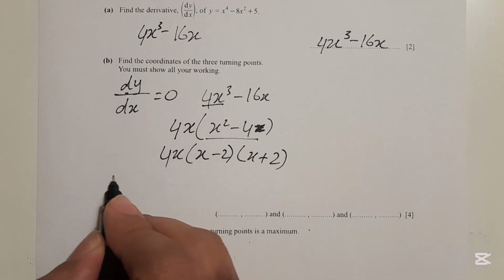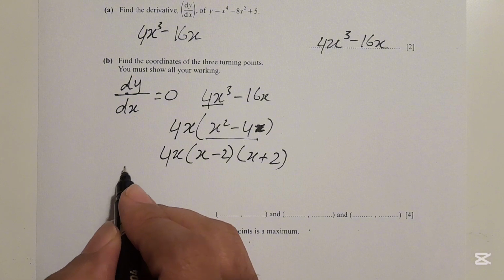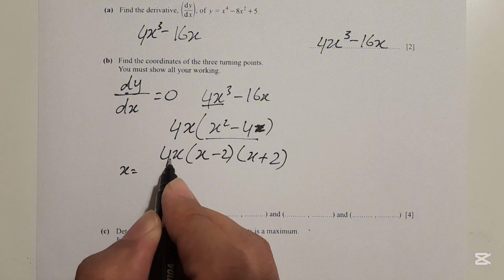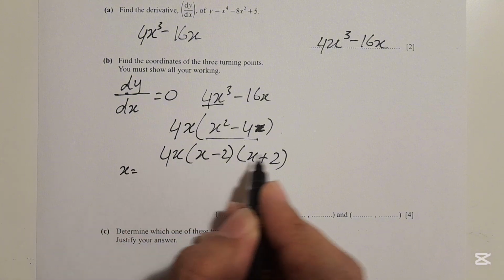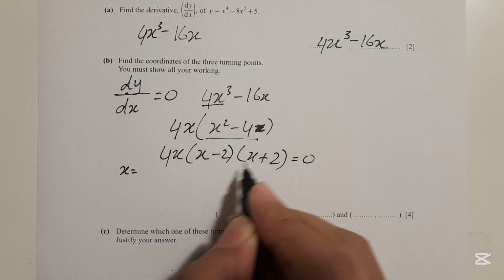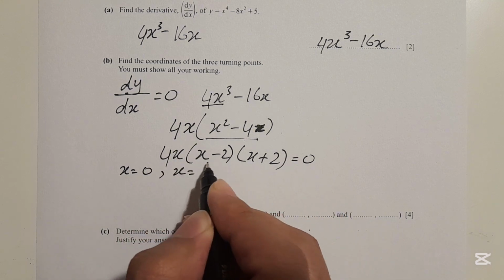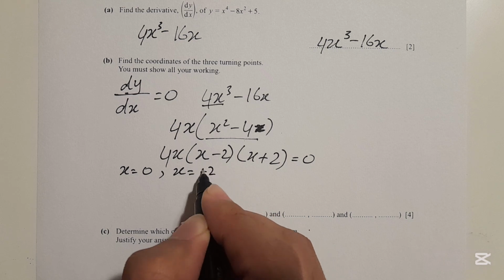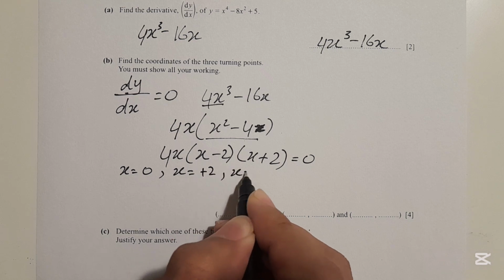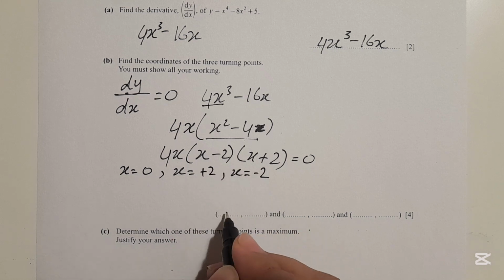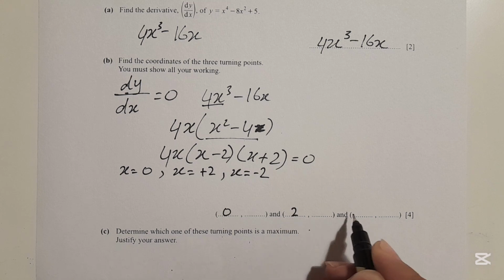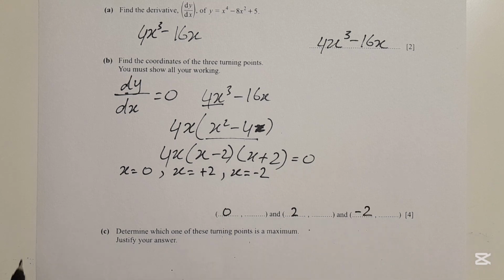So the first value of x will be 0 because 4x is equal to 0. Then for the second, x is equal to plus 2, and third, x is equal to minus 2. So 0, 2 and minus 2.